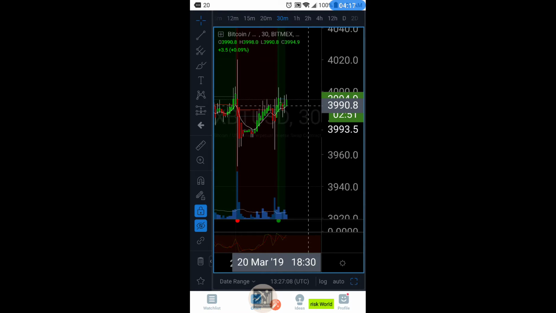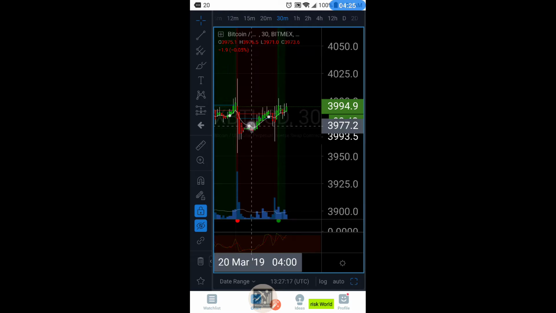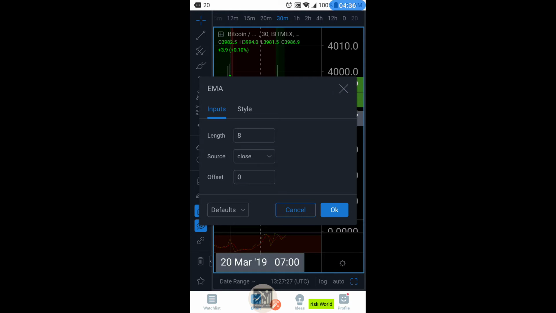Now we got the signal, right? Before I talk about that, the next obvious ones are this EMA line, and the fact that we're using Heikin-Ashi candles to show us which way the trend is going. That's also a confirmation.